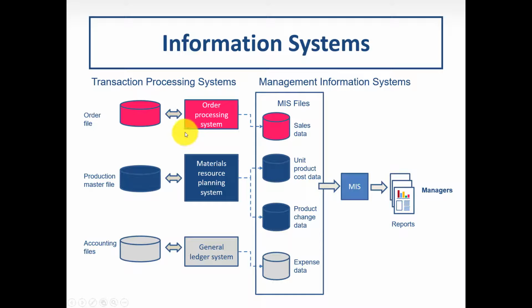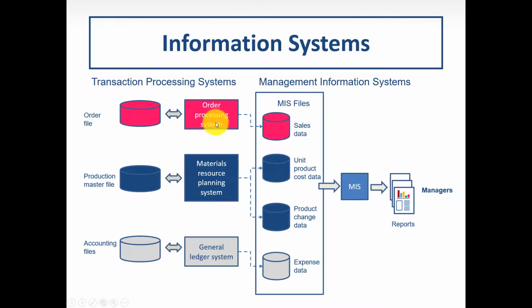In this case, we have an order processing system that is collecting orders. We have a materials resource planning system. These are the MRP or ERP, like maybe you have heard about SAP or JD Edwards. So you have a production master file, or you can also have a general ledger system in which all the accounting and all these transactions go.